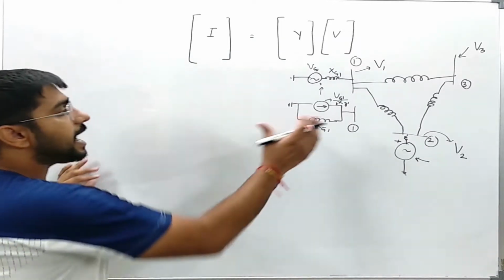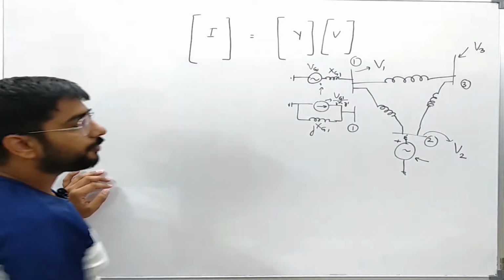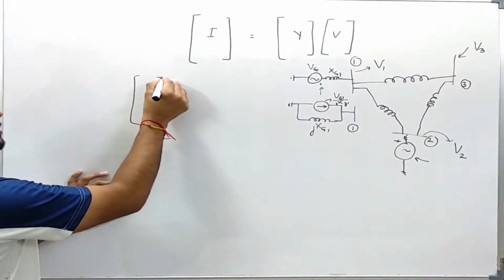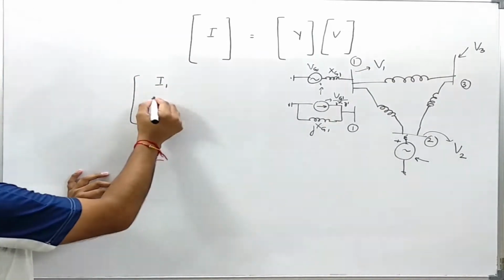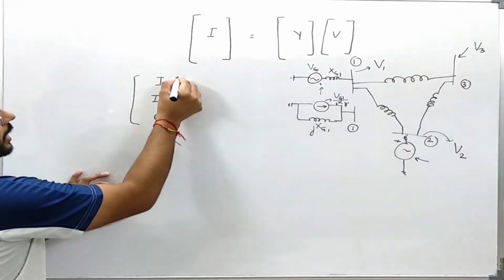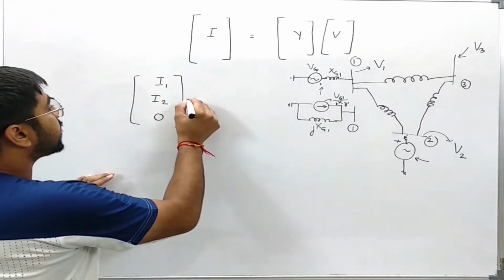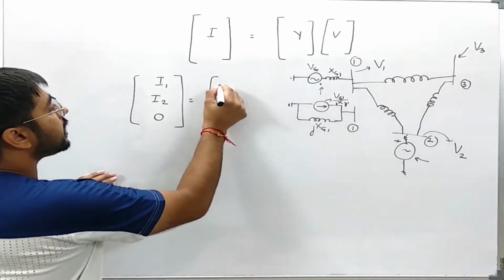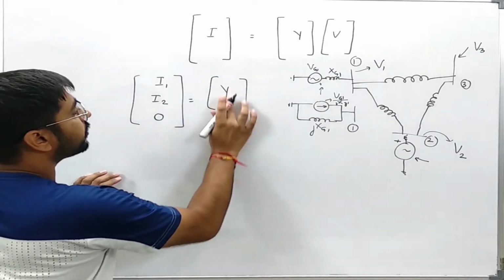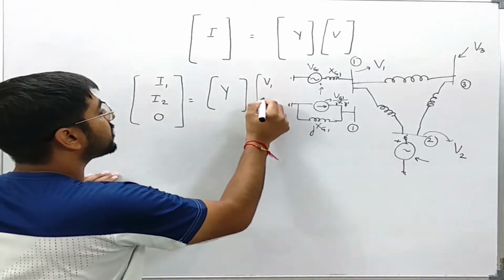So how will we write the admittance matrix or the nodal matrix for this power system? We will say that the bus 1 current, bus 2 current, and bus 3 current, which is 0 entering into the bus, is the source current vector given by the admittance matrix for the power system times the various bus voltages.